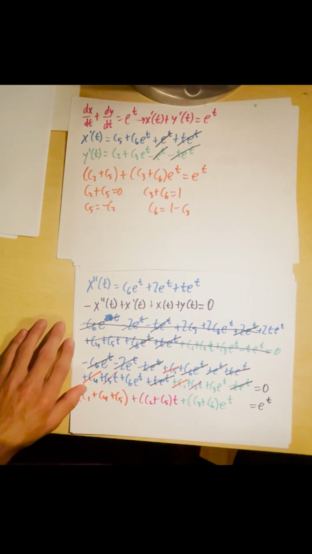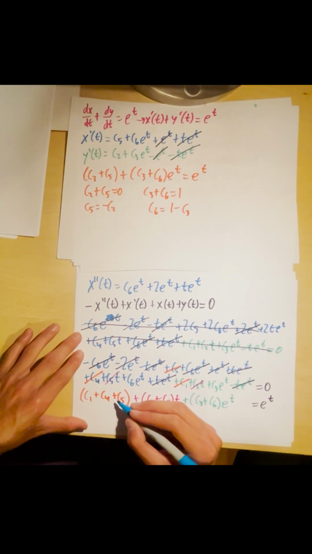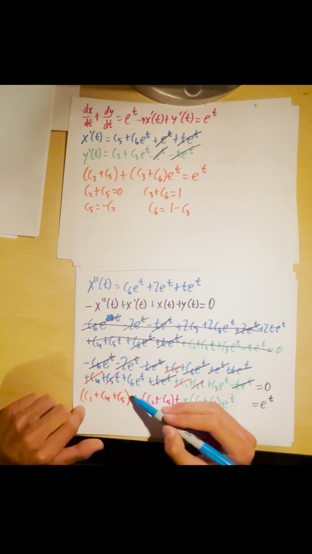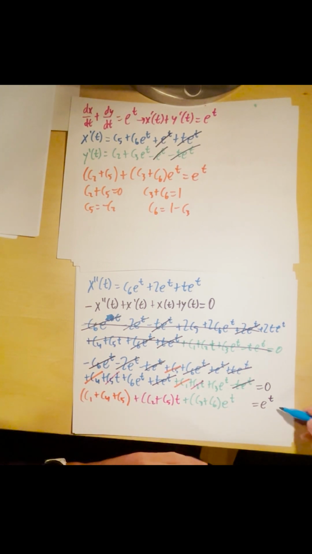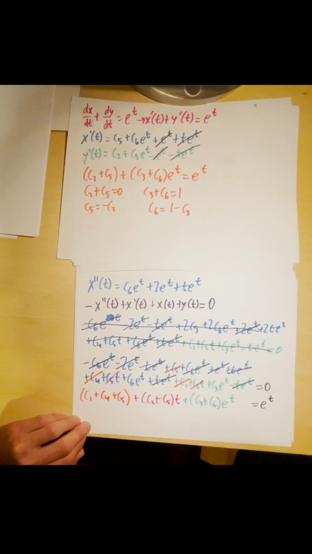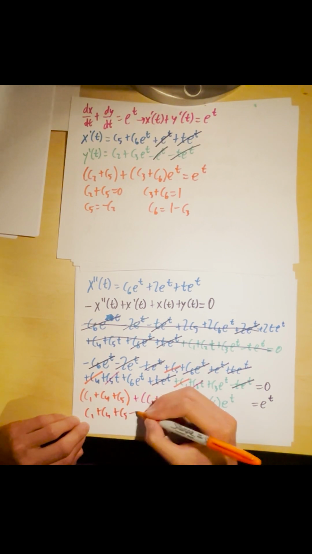And I'm going to write c4 in terms of the others. Additionally, this is being multiplied by t to the 0 power. There's no t to the 0 power term on the other side, which means all of these are going to sum to 0. And so we'll have c1 plus c4 plus c5 equals 0.